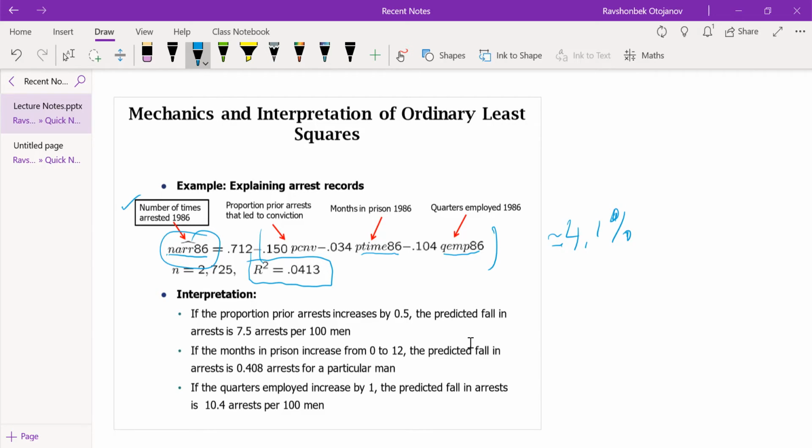The remaining 95.9% is then explained by other variables that are not included here, which usually end up inside the U. In a population model, it would be in the error term. So what it means is that the line here will be poorly fitted into the data.